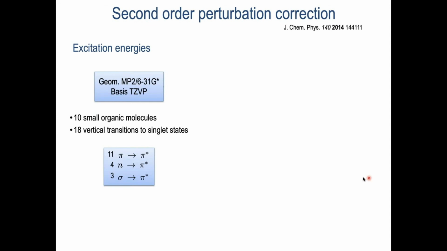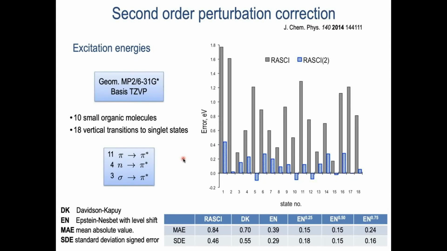And we have also tested this method for excited states. Here I'm showing a set of different types of pi, n pi, and sigma pi excitations in organic molecules. So these are singlet to singlet transitions. And here I'm showing you these 18 excitations of different molecules, and the error that we obtain for the vertical energy with RASCI with no perturbation theory.